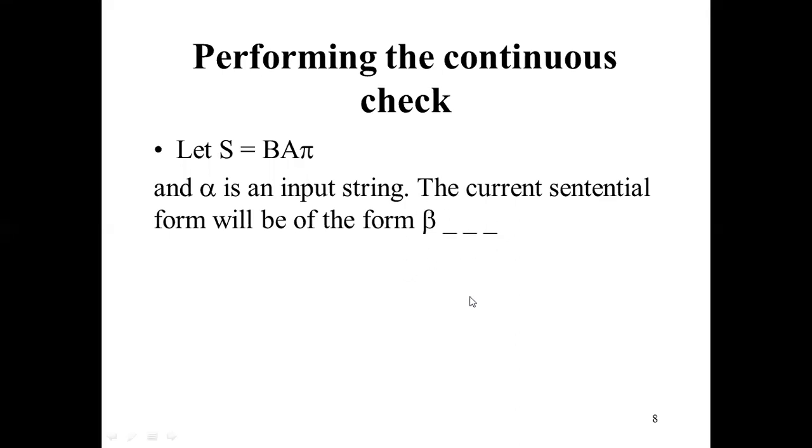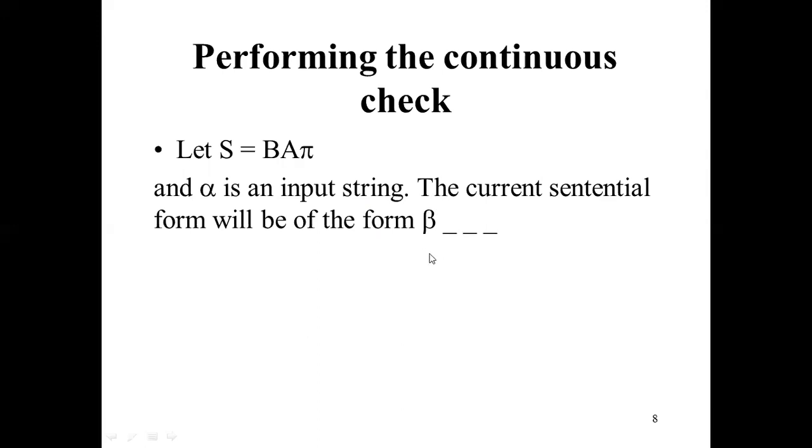So it will start from B and beta and so on. Why is this? Suppose alpha is an input string, and in this string you have some characters, and those characters maybe start from this.